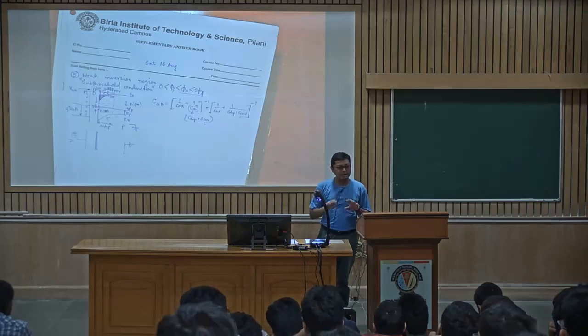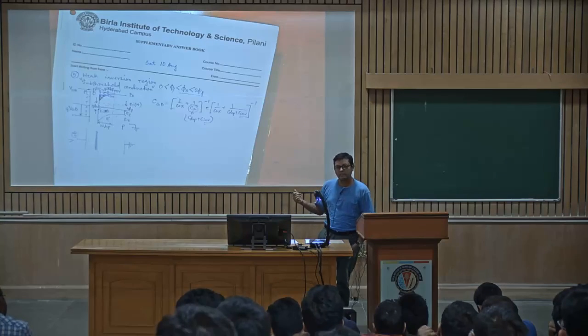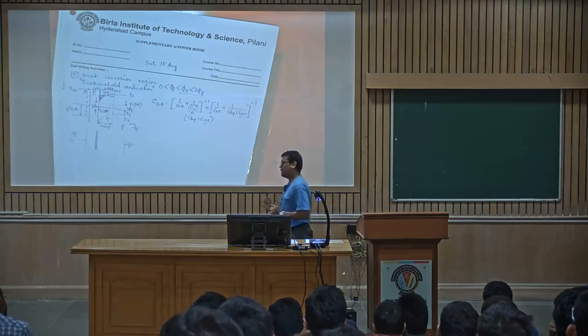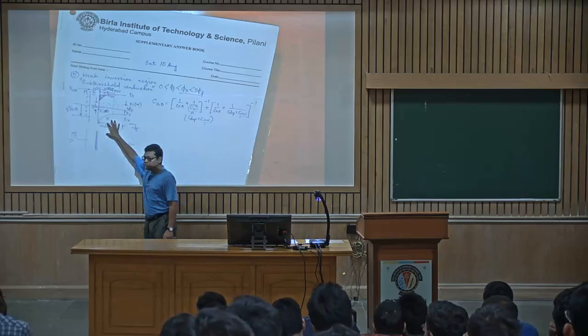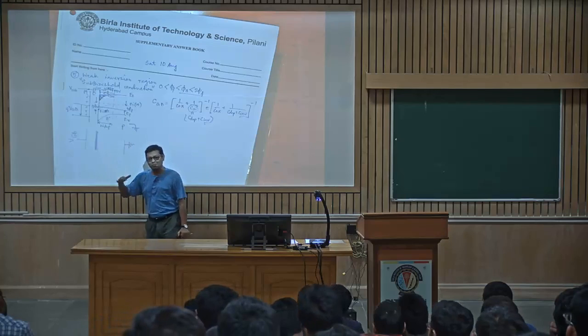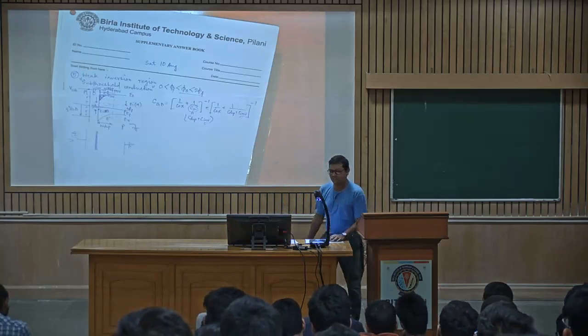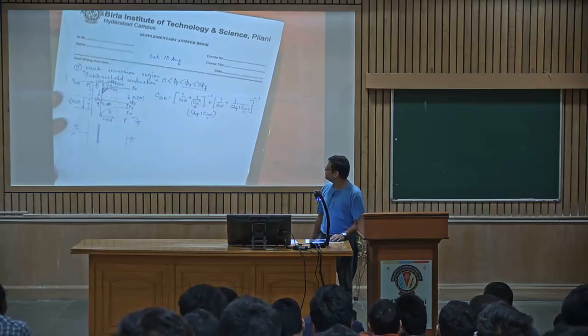Everyone with me? That is the whole reason we call this charge sheet approximation, and that remains valid for large devices. So just keep that in mind. Whatever we are doing is at 180 nanometers and higher. Okay, small devices में थोड़ा different हो जाता है.